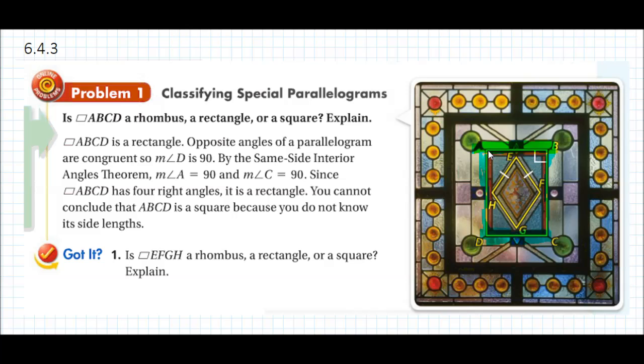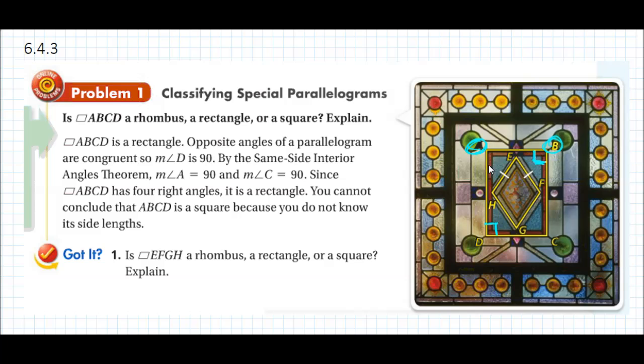Well, as you can read along in the example, we know opposite angles of parallelograms should be congruent. So if angle B is 90 degrees, angle D must be 90 degrees. If angle B is 90 degrees, its consecutive angle must make it supplementary.